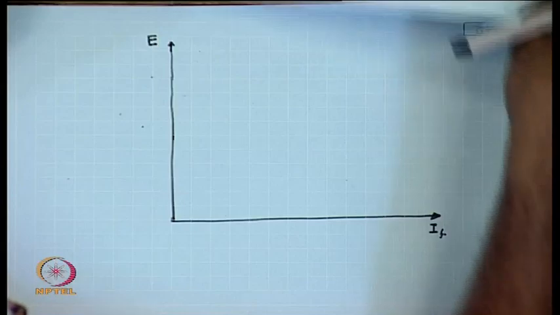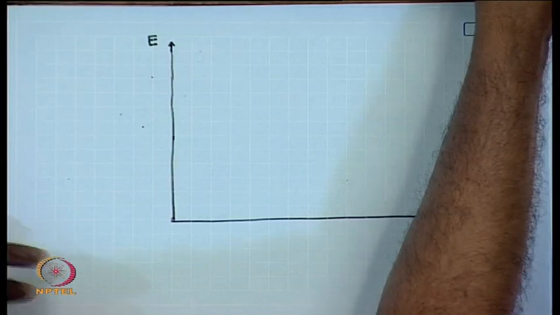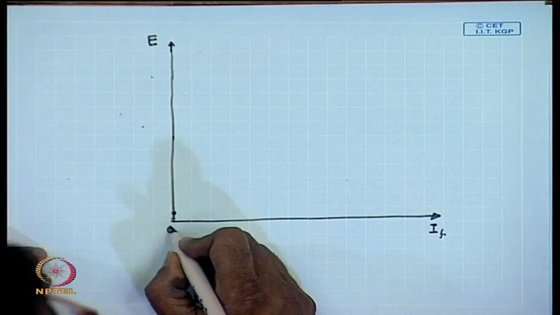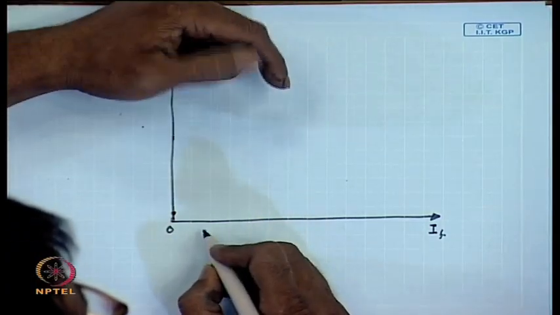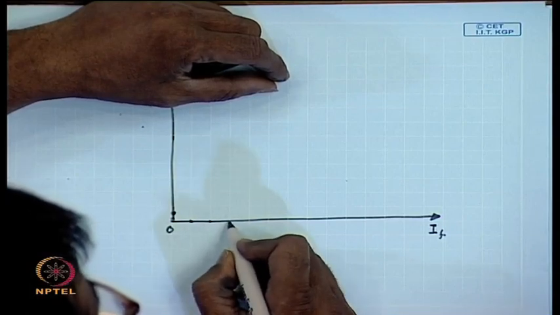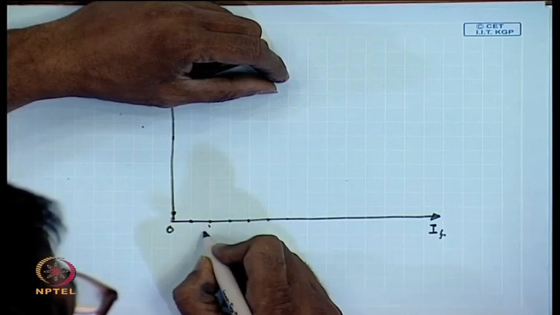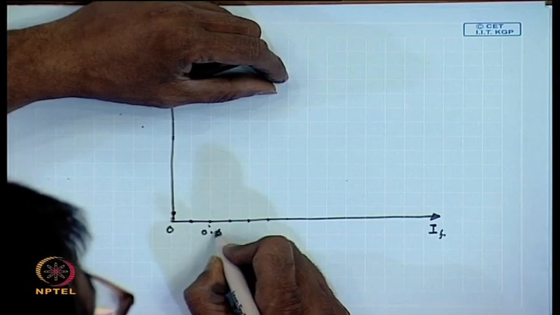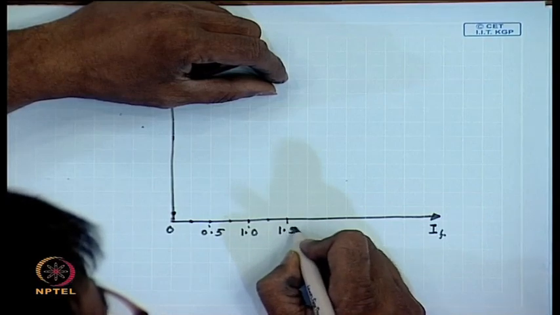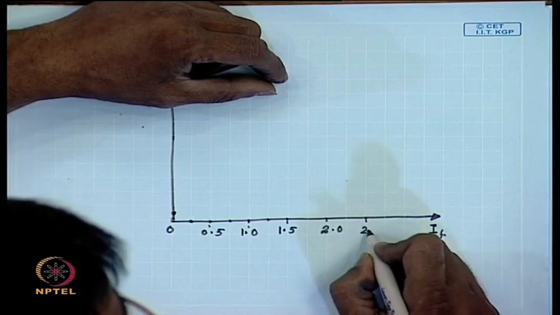From the given data, at no load the induced voltage is 5 volts. Let us say this is 0. This is 0.5 amperes, this is 1 ampere, this is 1.5 ampere, this is 2 amperes and this is 2.5 amperes.